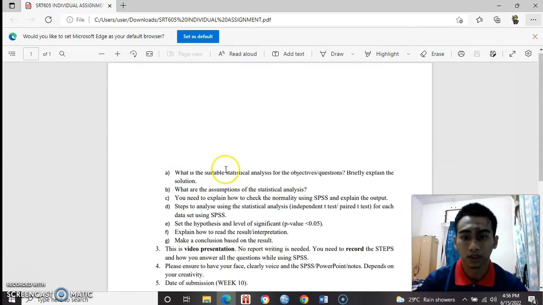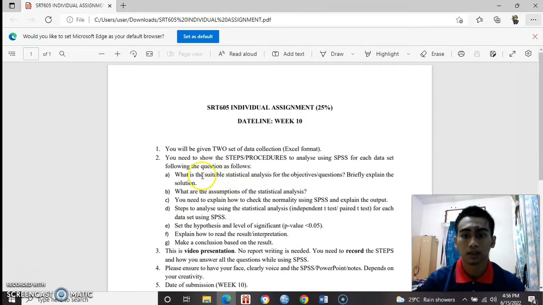So for set 1, the question is what is the suitable statistical analysis for the objective question. Briefly explain the solution. So they have four solutions. First, we need to identify the independent variable, dependent variable, the observation, and also the distribution of the data.